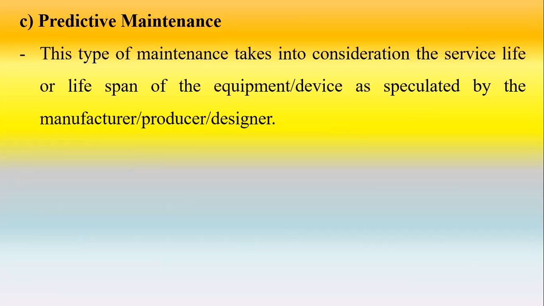Number 3 is called predictive maintenance. This type of maintenance takes into consideration the service life or lifespan of the equipment or device as speculated by the manufacturer, producer, or designer.